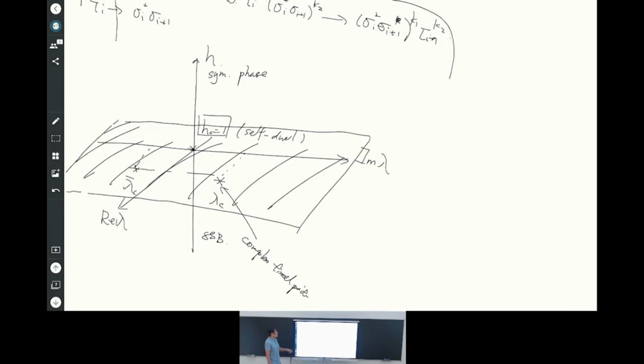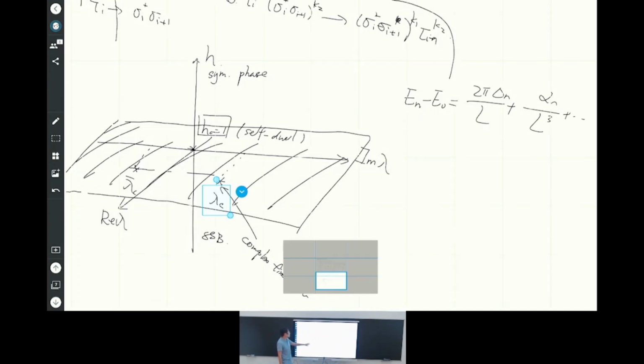So how we determine this fixed point is like this. We know that if there is indeed a CFT at this fixed point, and all of the other points have a finite energy gap, that is a first order transition, we expect that the energy spectrum at this fixed point should satisfy the prediction from the CFT, right?